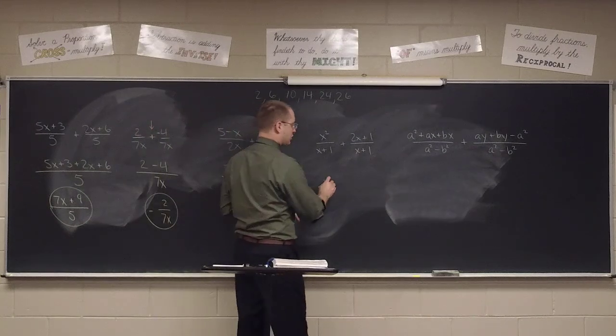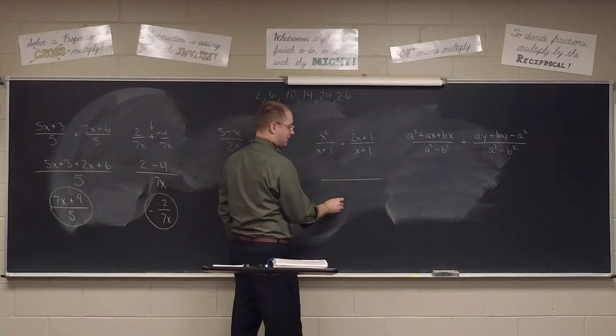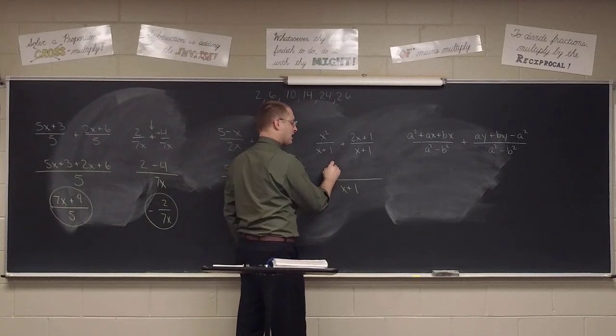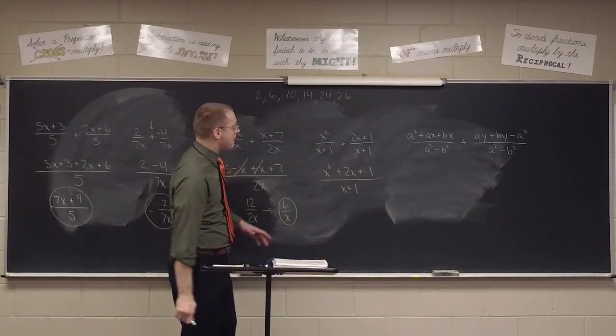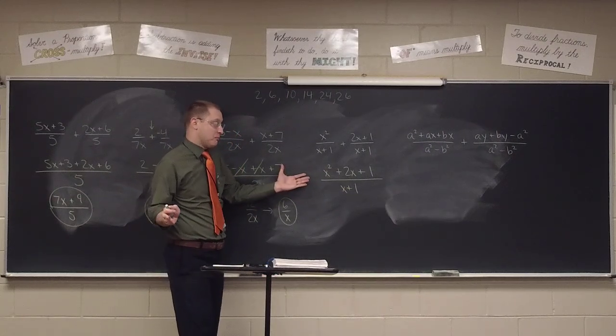Excellent. Maddie, here, start by drawing a long fraction bar. Underneath it, put the denominator. Above it, put the numerator. Now, nothing combines this time. That's okay if nothing combines.